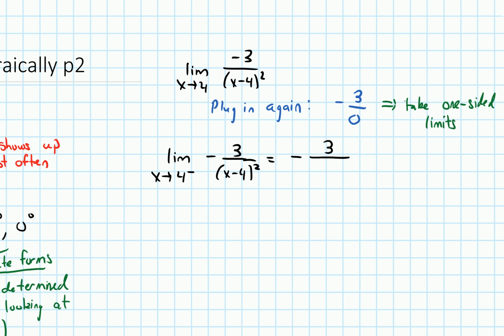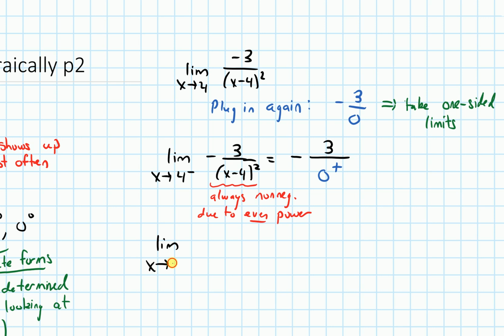And with this problem, there's a shortcut for determining what it is, because x minus 4 squared is always non-negative due to the even power. Which means on the bottom, we will have 0 with a plus sign. In fact, we'll have that no matter which direction we're approaching from.